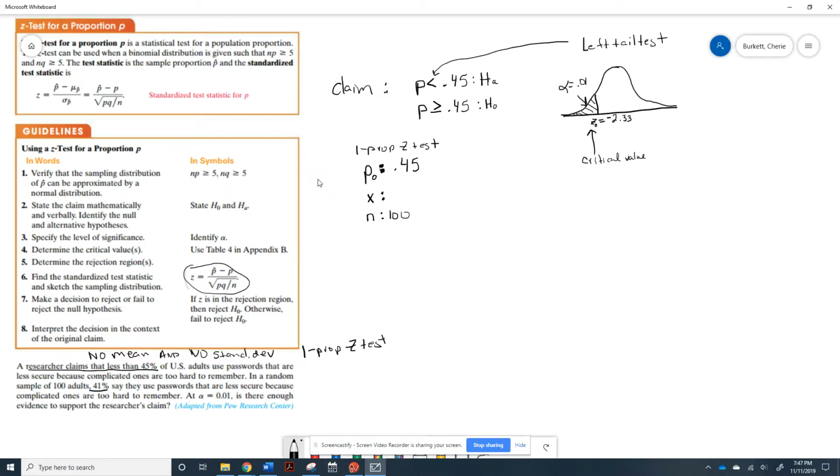And here, instead of giving me the x value, they give me p hat, which is 0.41. So you have to remember from the chapter before, I believe, that p hat was defined to be x divided by n, the number of samples.